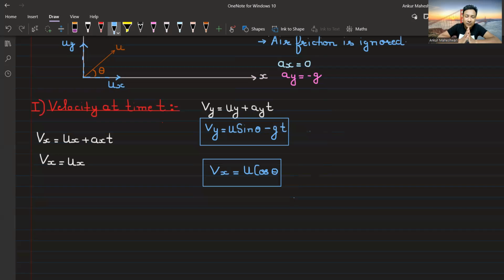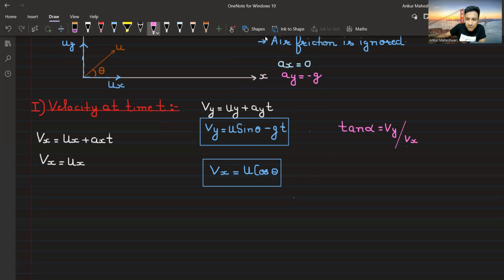Now guys, suppose I need to find the angle made by this final velocity with the horizontal. Let us suppose the angle it makes with the horizontal is alpha. So we can easily find tan alpha as Vy divided by Vx.